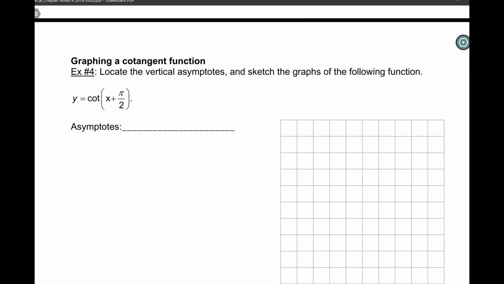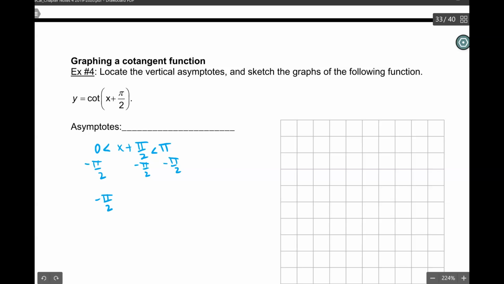First step, we're going to solve for the asymptotes. So I set whatever's inside between 0 and pi. When I solve for x in the middle, I get negative pi over 2 is less than x, which is less than pi over 2.